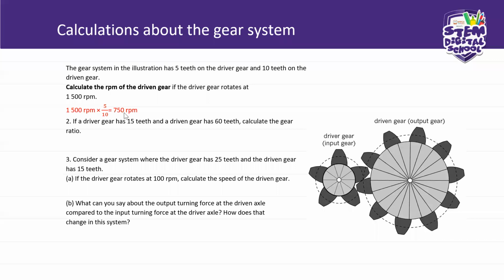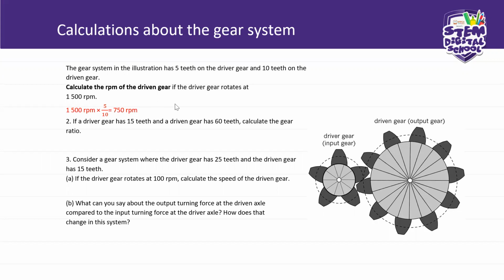So that is how we will get the answer. The answer is the revolutions per minute of the driven gear. So we will say the driven gear is rotating at 750 revolutions per minute. That is our answer.